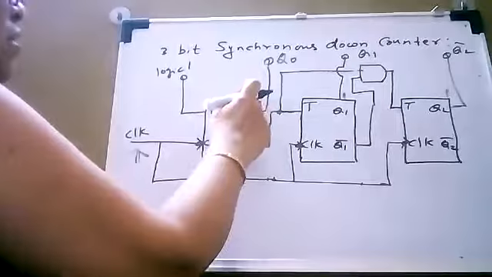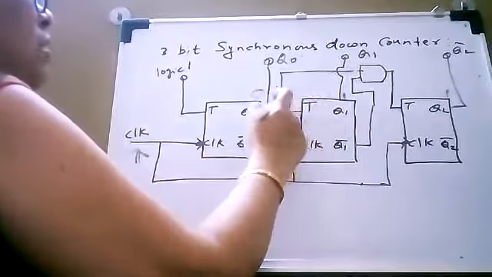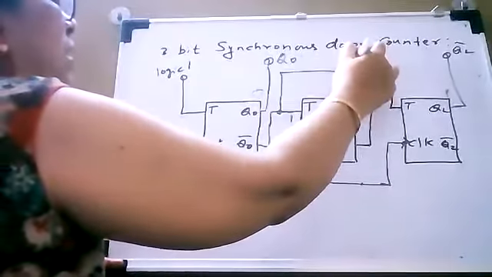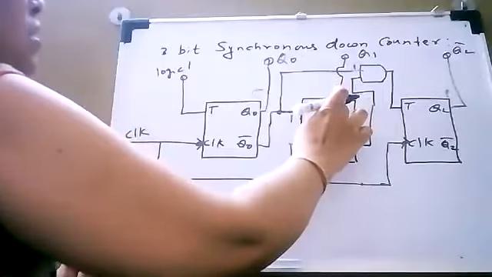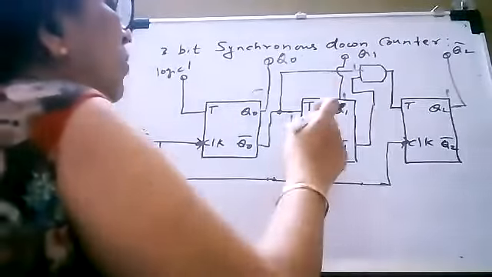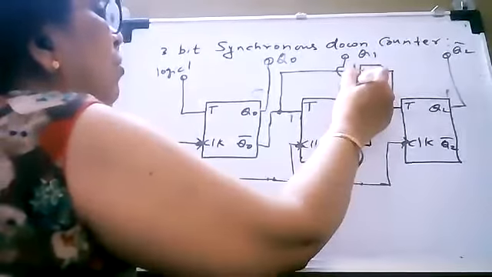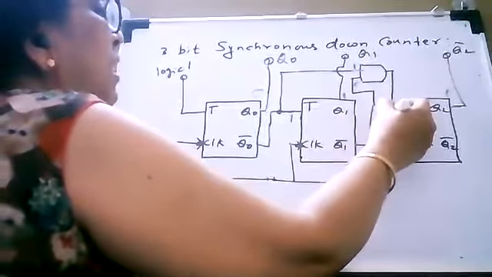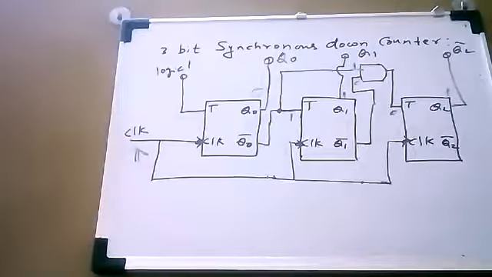As you can see, as Q0 is 0, Q0 bar will be equal to 1. So this 1 will be applied here. And as you can observe, as Q1 is equal to 1, Q1 bar will be equal to 0. So what is applied at the input of the third flip-flop is 0.